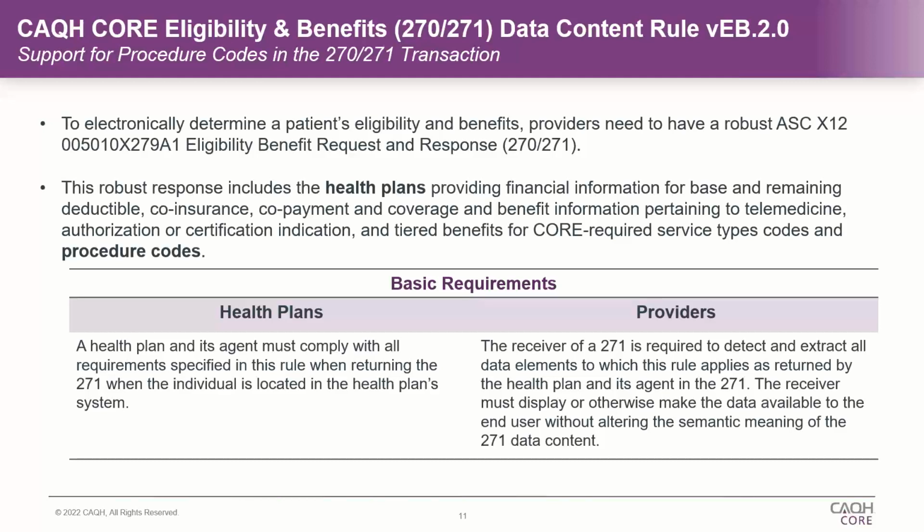So maybe you're a carve out, for example, and you receive a service type code for a benefit that would be in your system if you were a different type of healthcare insurer, but because you're not, or you don't offer that particular benefit for that particular membership, therefore you don't support it.